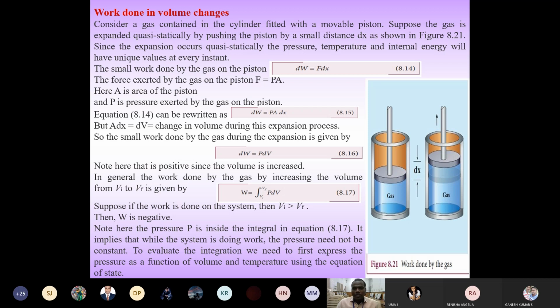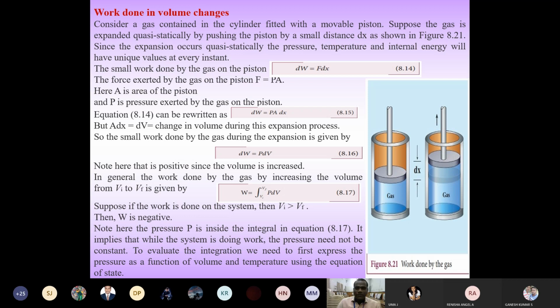In general, the work done by the gas is increasing the volume from V initial to V final. So V initial is in the first state and V final is in the second state.